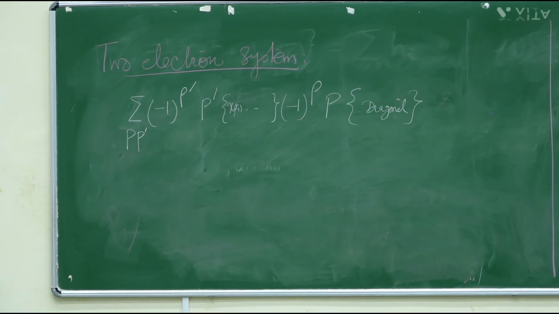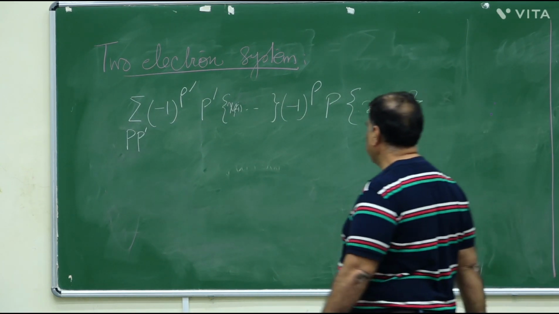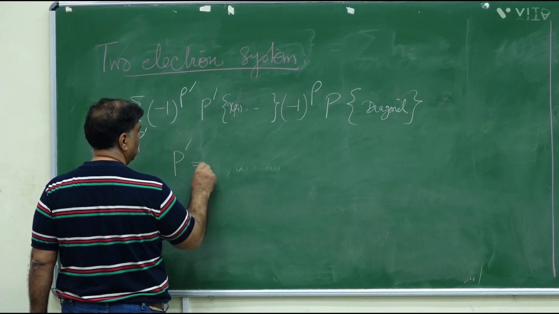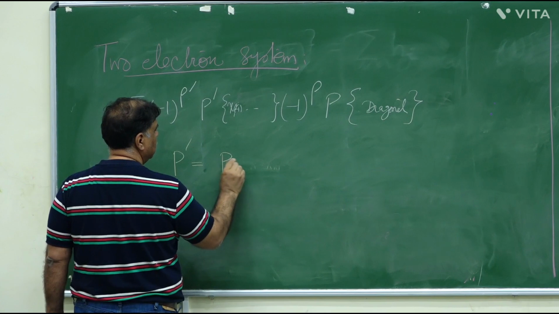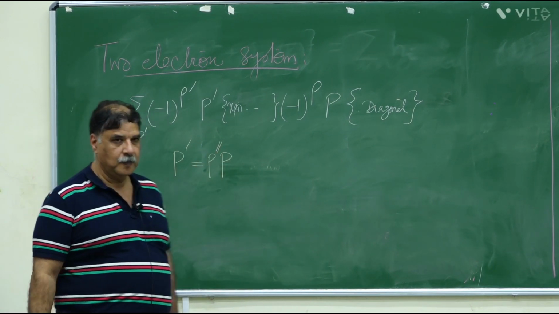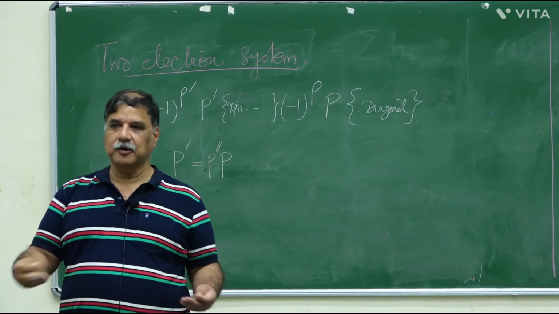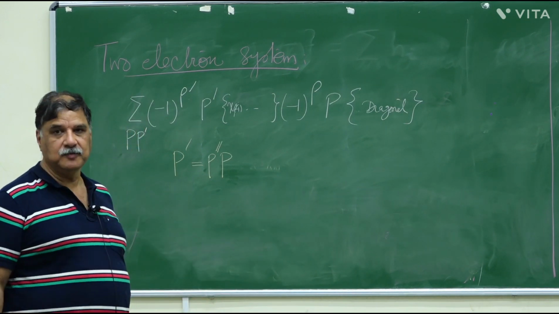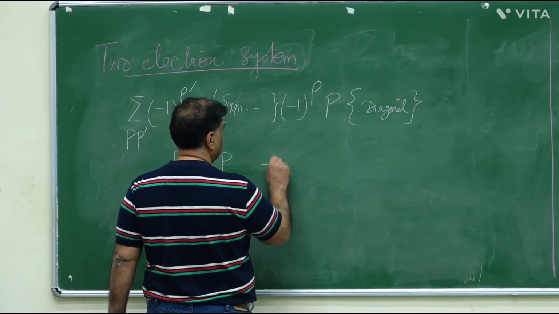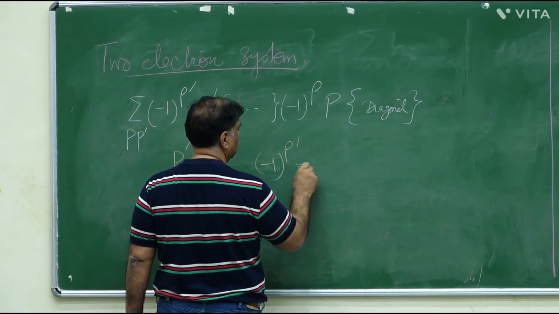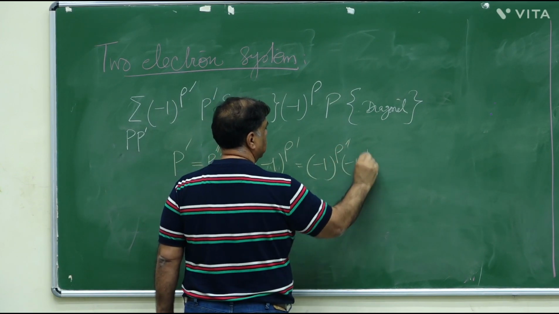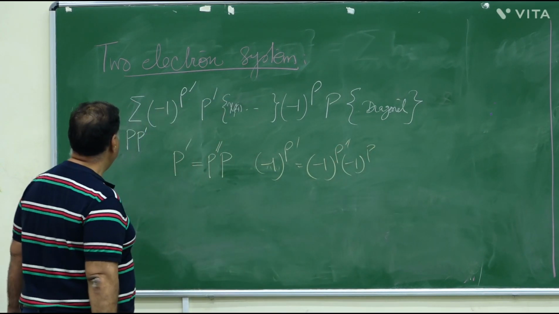And then I'll just write, I can always do that. I'll write p prime equals p times some p double prime. I can always write a permutation as a combination of two permutations. And therefore, minus 1 raised to p prime, minus 1 raised to p double prime, minus 1 raised to p.